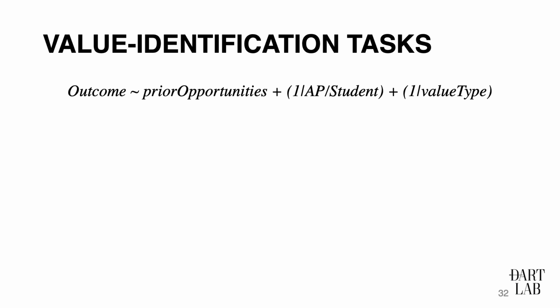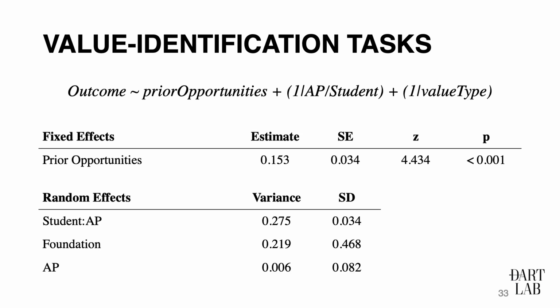And then we include a nested random effect with the student's unique identifier nested under their AP status, which tended to be predictive in some models. And we also included another random effect that represents the value students are being asked to identify. We found that prior opportunities was a significant predictor of outcome, suggesting that students' ability to identify values latent in text improved with practice inside the game.